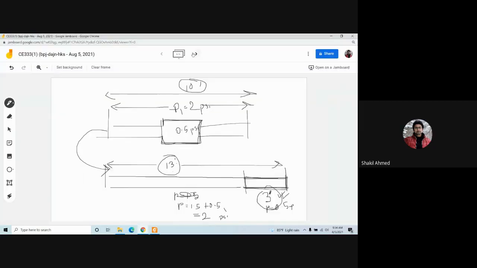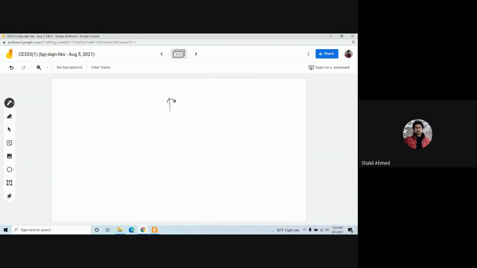What do we need to determine the pipe sizing? We will use figure 1419, and to use figure 1419 you need two things. One is discharge or demand, and the other one is what?